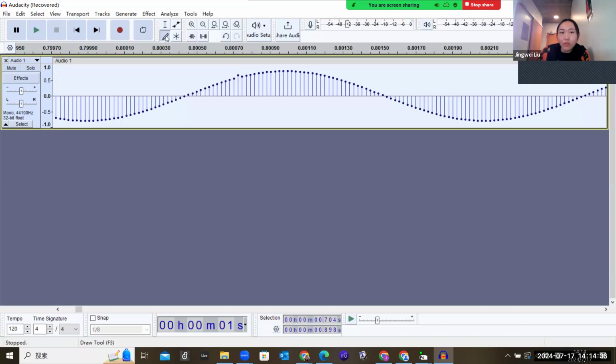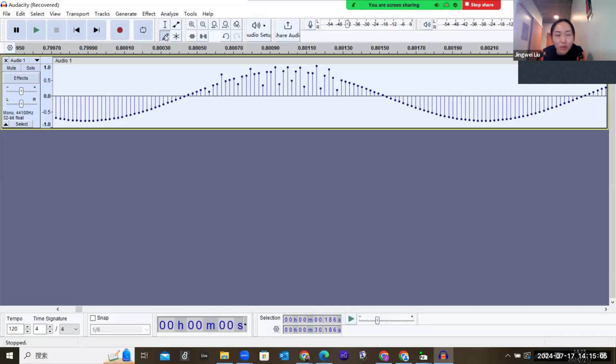I actually don't know why they designed this tool, because every second you have 44100 points. Therefore, I don't think that changing those individual points will have a great influence on the sound you hear, and it's difficult to determine what this will sound like, okay?